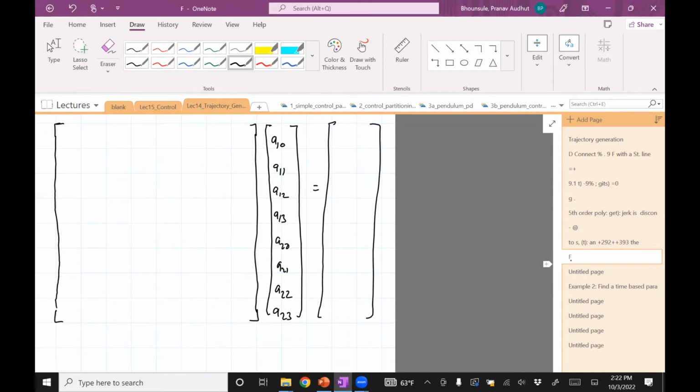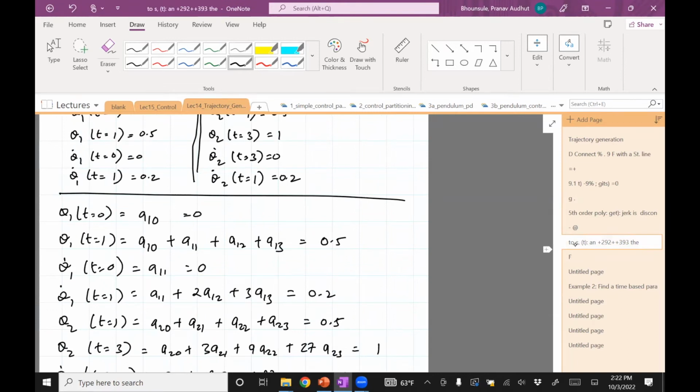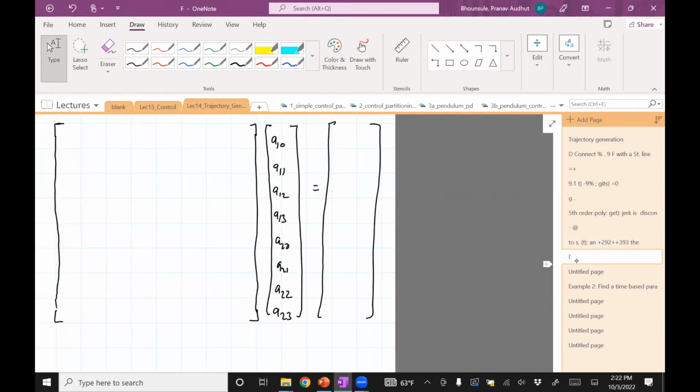Okay, so let's just fill it up. You look at the first equation, it says A10 equals 0. The 0 on the right side means the right hand side will be 0. The A10 would come into the picture when you assign a coefficient to the first element of the unknowns, so that is 1 times A10.